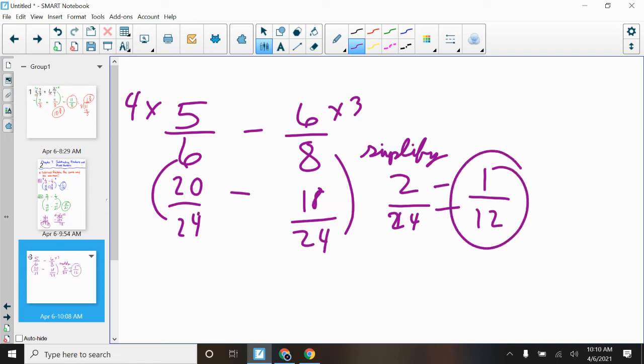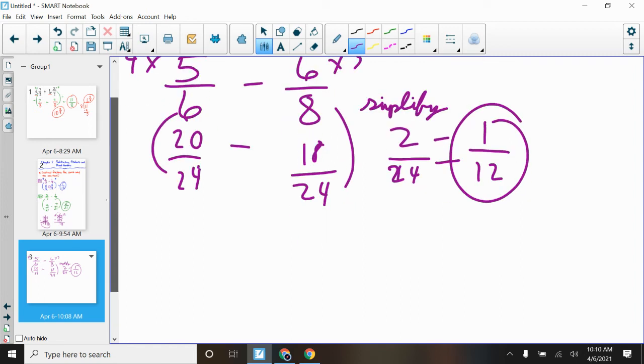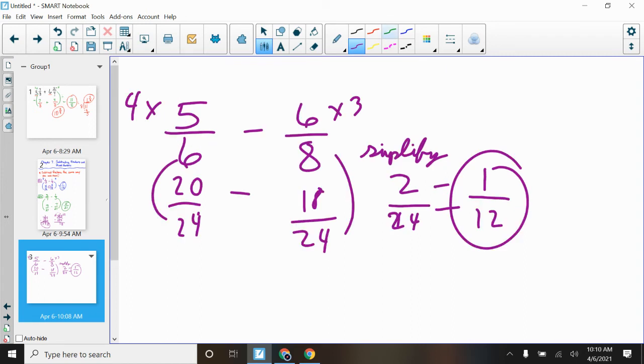Now, how many of you got to 2 over 24 and stopped? Okay, so if you don't learn anything else today, learn this. When you have a fraction like 2 over 24, the first thing that you should notice is, what kind of a number is 2? Is it odd or even? It's even. What kind of a number is 24? Even.